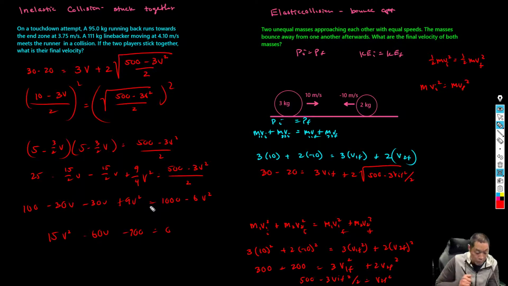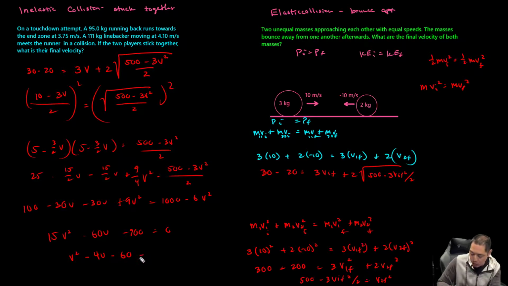Yep, I believe we could divide everything by 15. We can. So it's v squared minus 4v minus 60 equals 0.